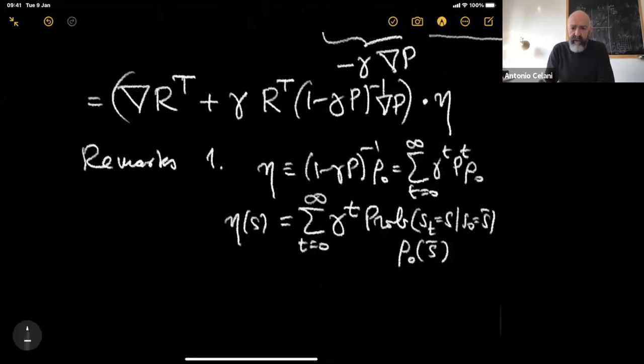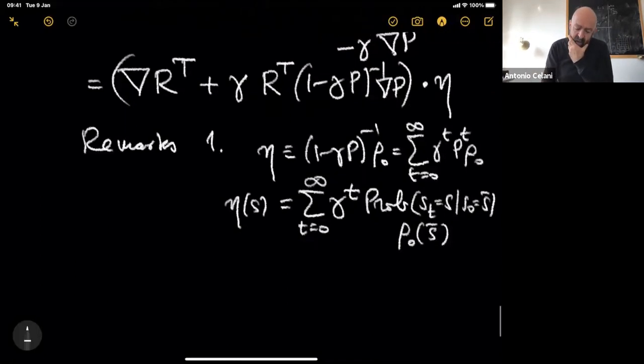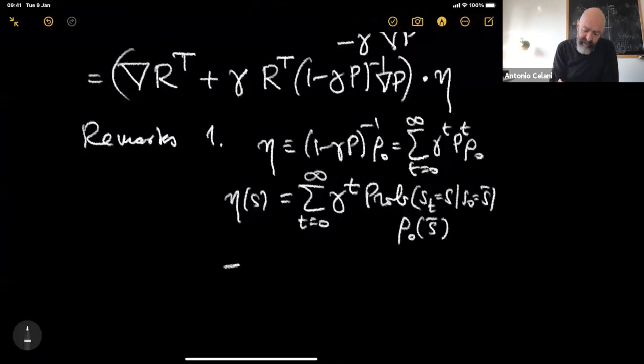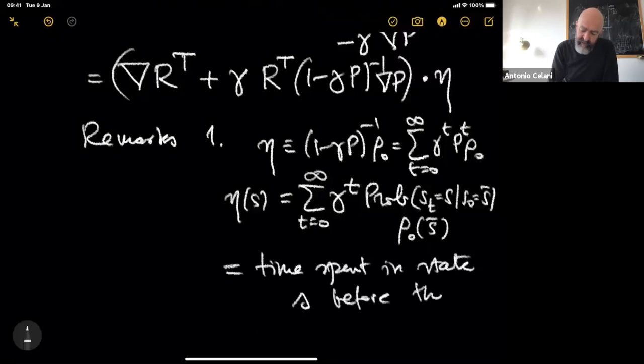So this means that this quantity here, eta, that we have defined, this object here, eta S, in fact, is nothing but the time spent in state S before the process dies.